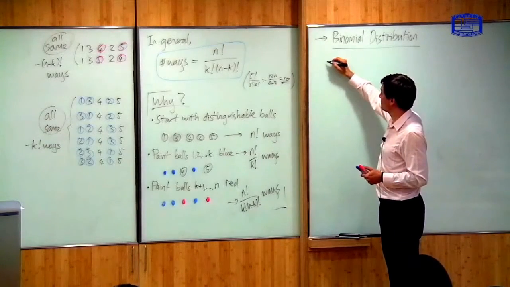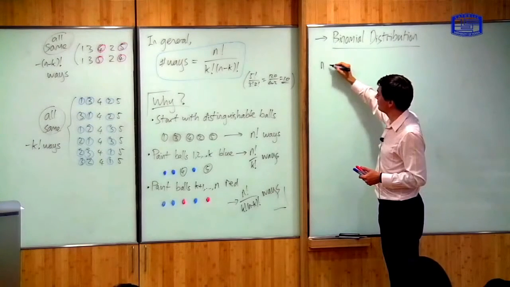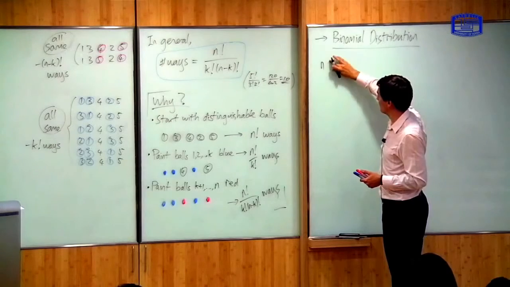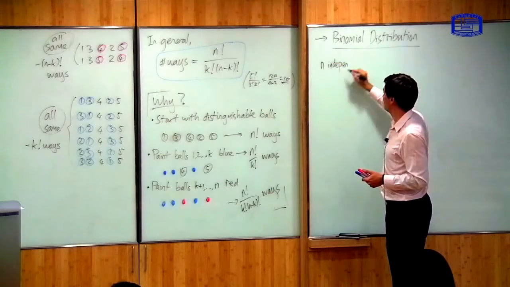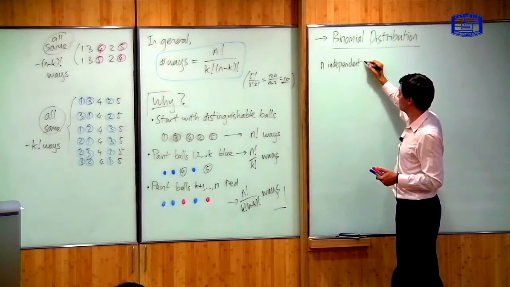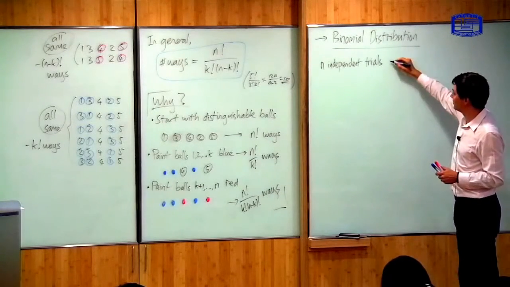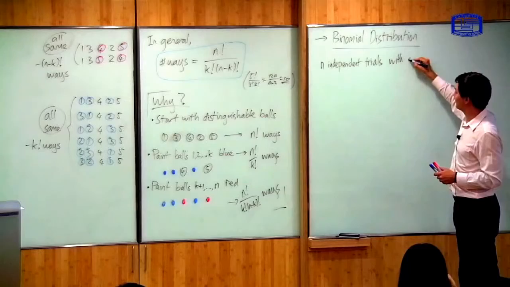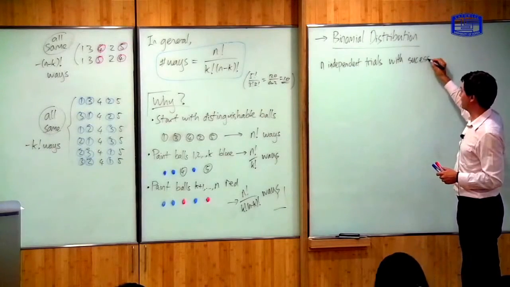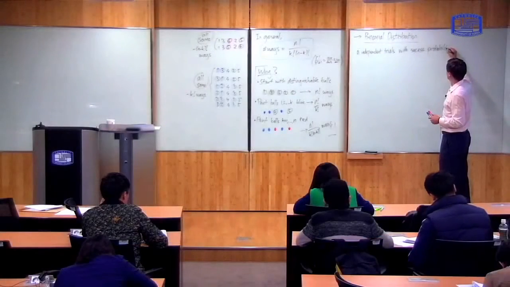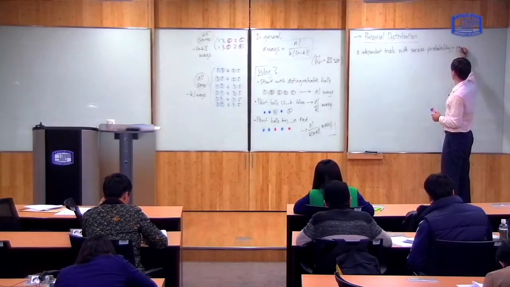So this is, we do n independent trials. So we try something n times, and each time we have a success probability equal to little p. Okay?